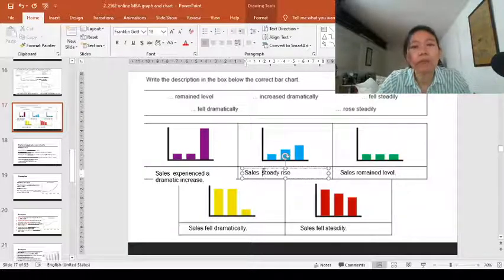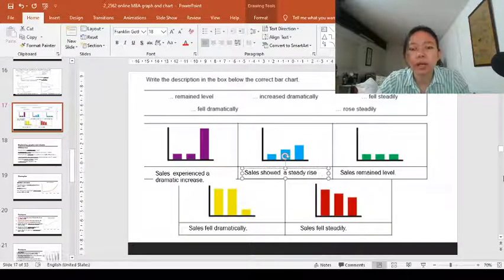And then we have to find a verb for it: show a steady rise. So here are some examples that you can use, both subject, verb, and adverb, and adjective and noun, to show the movement or to show the trends when you're giving a presentation.